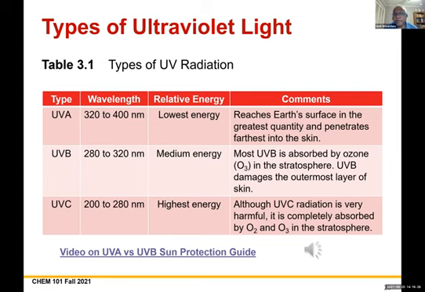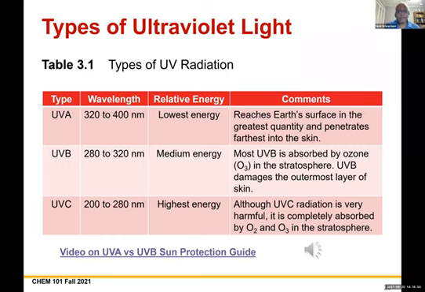Most UVB is absorbed by ozone in the ozone layer. UVC is absorbed by oxygen in the atmosphere. It is broken up by oxygen and ozone in the atmosphere. So therefore, we have to worry more about UVA.